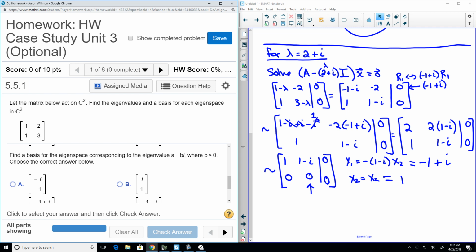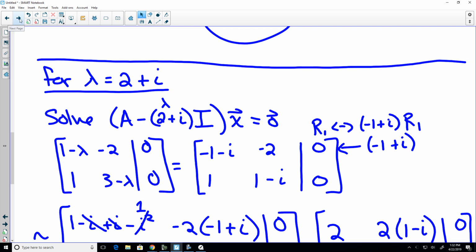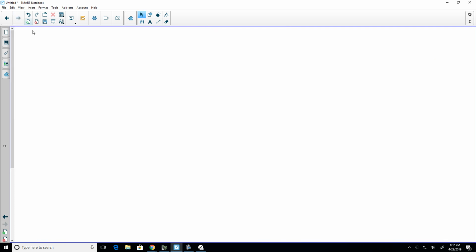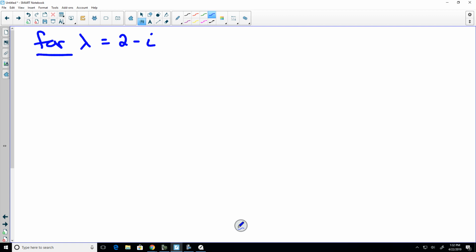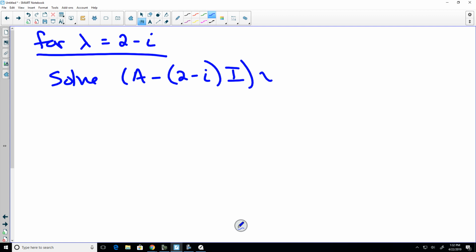Okay, so now we have to do it for the second one. So for lambda equals 2 minus i, the second eigenvalue, solve A minus lambda I times x equals 0.